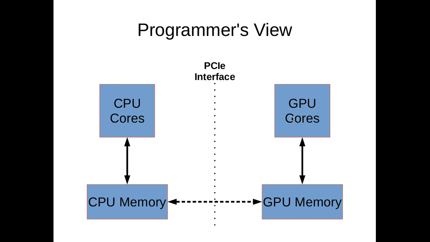Once it is done with that function, whatever output array or data is generated, I can transfer back from GPU memory to CPU memory. On CPU memory, using the CPU, I can further process the data, print the data, or store the output.